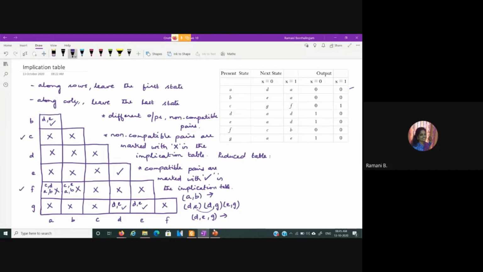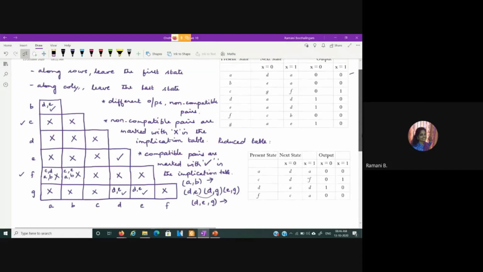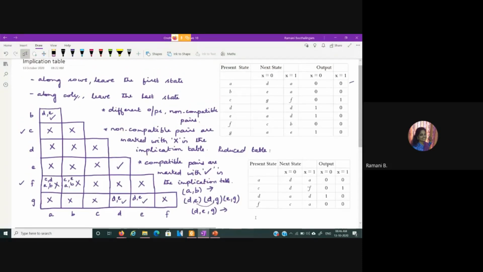So now our table will be having only 4 states. A and B are combined together. So this will be our reduced table. We combined A and B together, and C and F, you cannot combine with anything else. Then D, E and G are combined together.